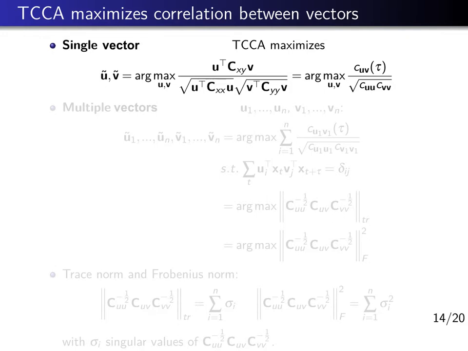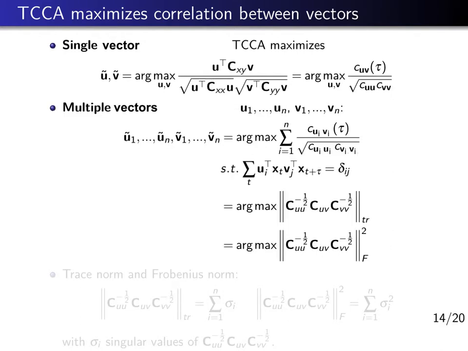Then TCCA finds a single pair of vectors u and v tilde, which are maximally correlated under the covariance matrices of the data. So we find the vectors u and v that maximize the autocorrelation, or the Rayleigh quotient that is given here. And since y is simply the time-lagged version of x, that means we are looking for the pair of vectors u and v that are maximally correlated in time.